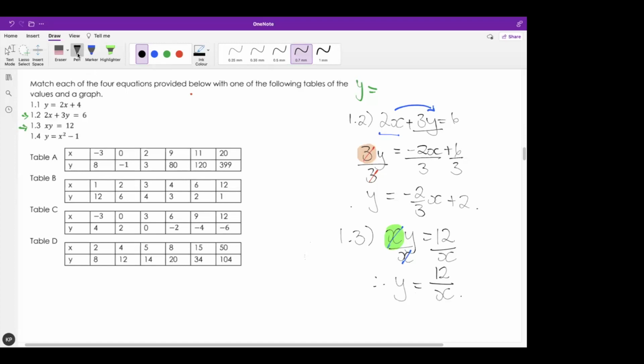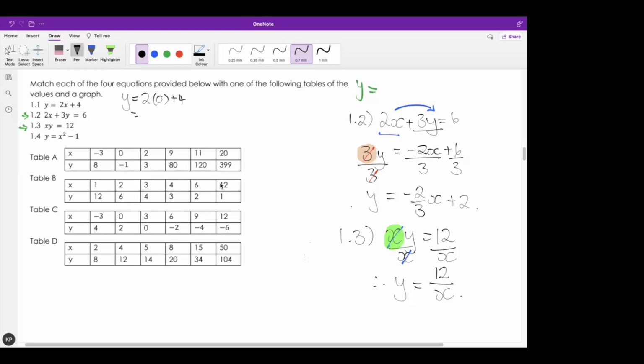So let's see. Number 1 says y equals 2x plus 4. Let's look at the first table. The only way to solve this is going to be through substitution, and we see if we get the correct answer. So if I substitute, let's say 0, I'm going to substitute 0 into 1.1. y equals 2 times 0 plus 4.